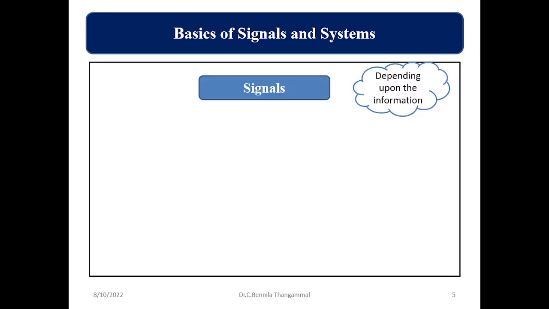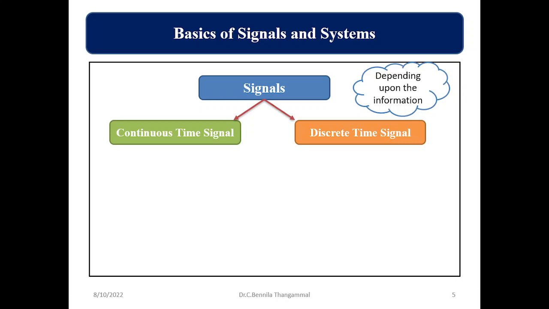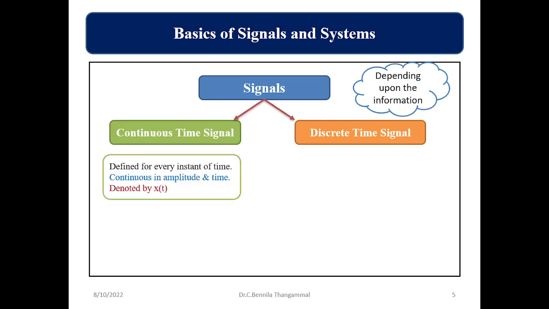Depending upon the information, I can classify signals into two: continuous time signal and discrete time signal. What do you mean by continuous time signal? A continuous time signal is defined for every instant of time. It is continuous in amplitude as well as time. We can denote CT signals as x of t.